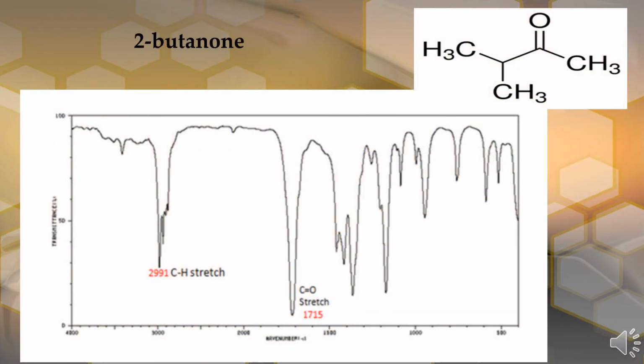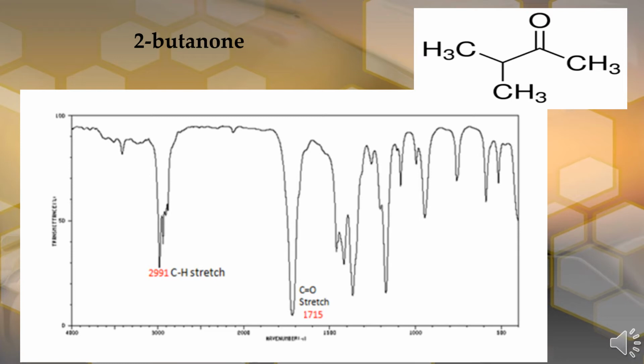Let's look at an example. So here you have 2-butanone, and that's going to be a ketone. So if you remember what we discussed earlier, a ketone is going to be between 1725 and 1705.